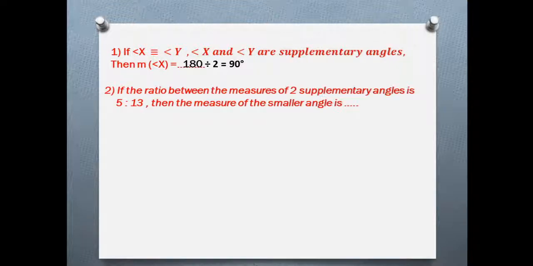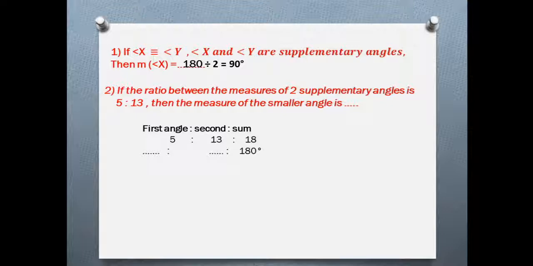Second one. If the ratio between the measures of two supplementary angles is 5 to 13, then the measure of the smaller angle is... The ratio between two supplementary angles. Steps: the ratio between first angle, second angle, and sum equals 18.